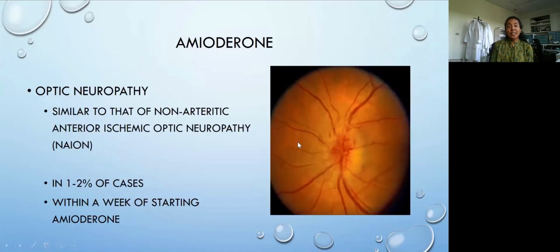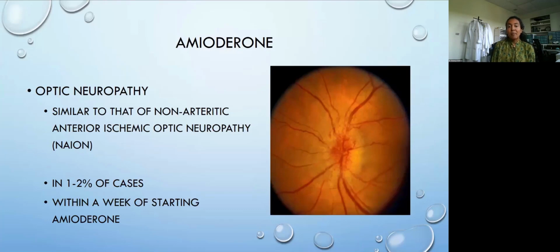The other visually significant problem that amiodarone can cause is optic neuropathy. Remember that vortex keratopathy is not visually significant, but optic neuropathy, on the other hand, can cause reduced vision. This is similar to what you would see in non-arteritic anterior ischemic optic neuropathy. It is pretty rare, happening in 1 to 2% of cases, whereas vortex keratopathy happens in many more patients.